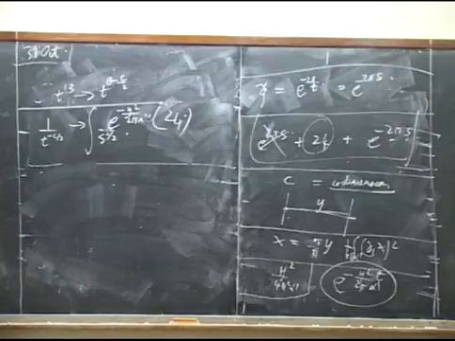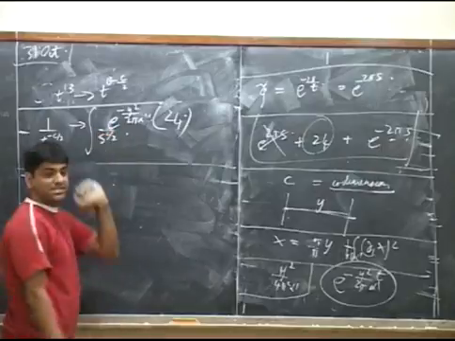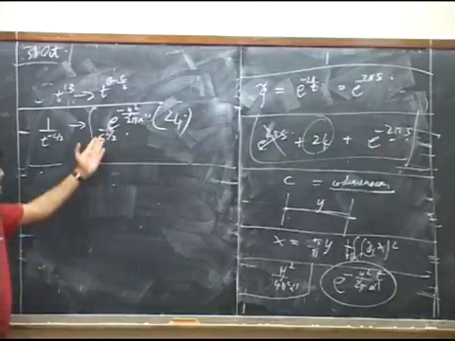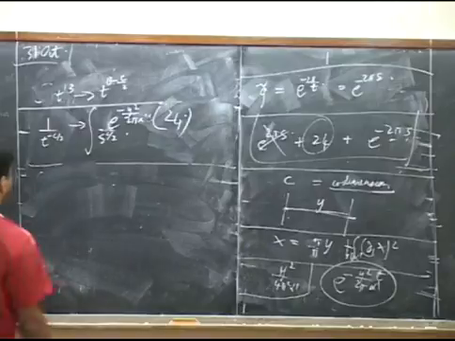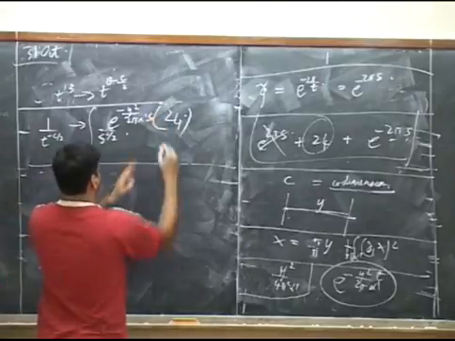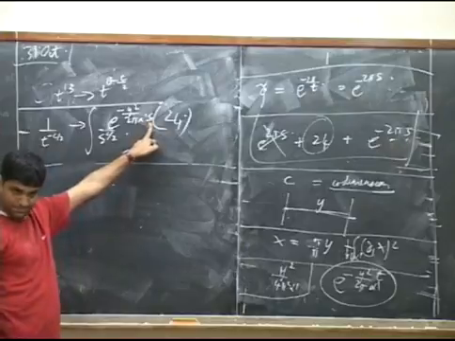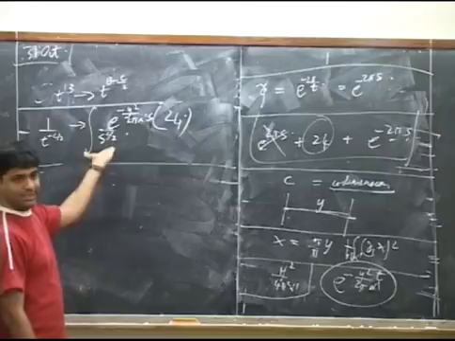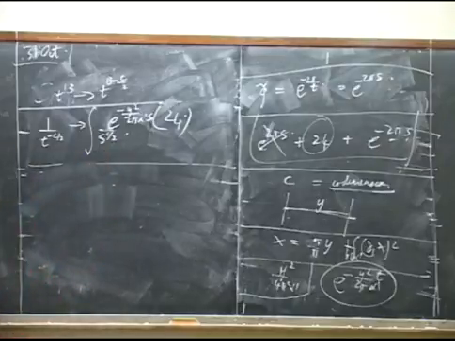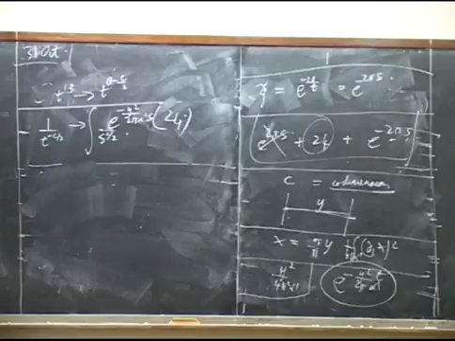Now, what's the answer to this? This was a divergence when c was 0. But when c is large enough, it doesn't diverge, because small s is suppressed by this exponential, and when c is large enough, large s does not diverge.